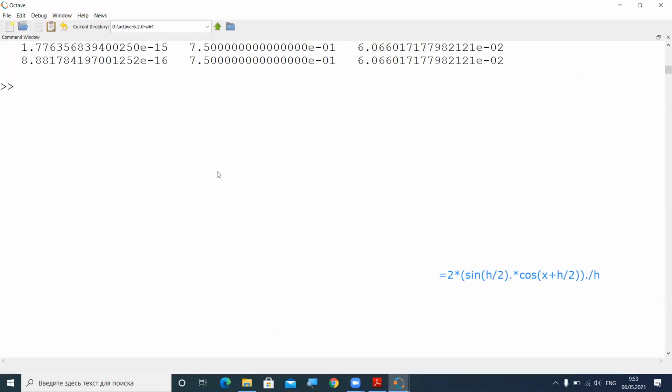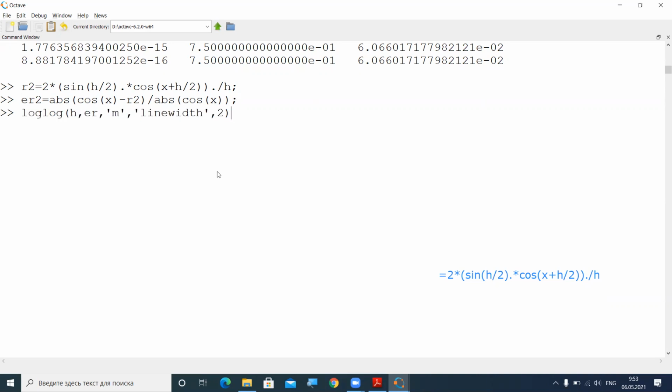And here use this formula. Now the new R2 function is equal to this function. And here we need to find the error again, error 2 for example, now with R2. So let's use the logarithmic scale to build our function. Let's do green, for example.